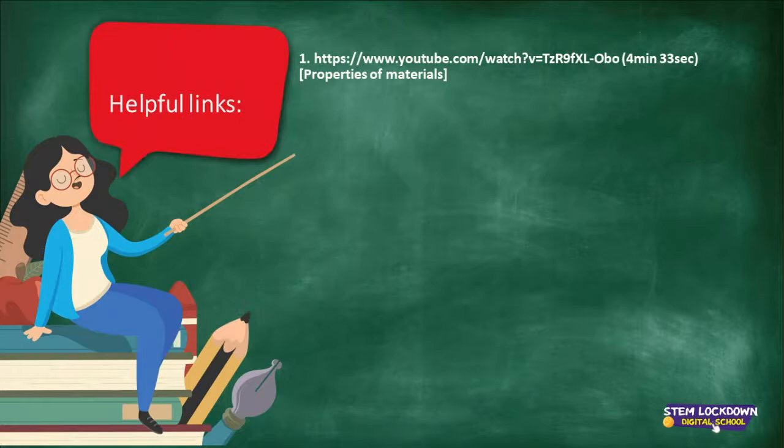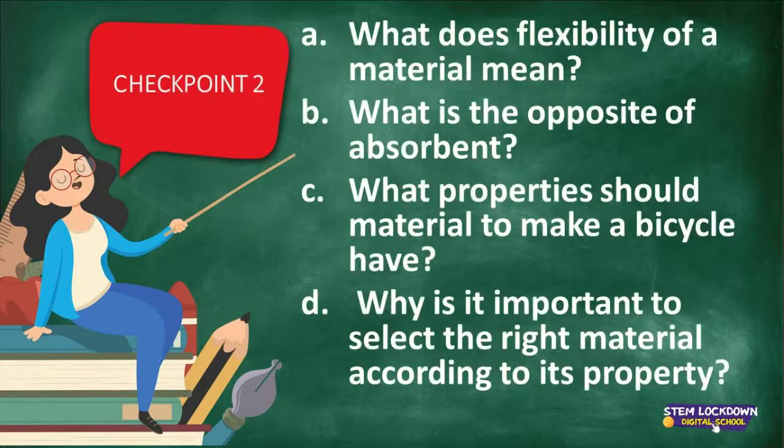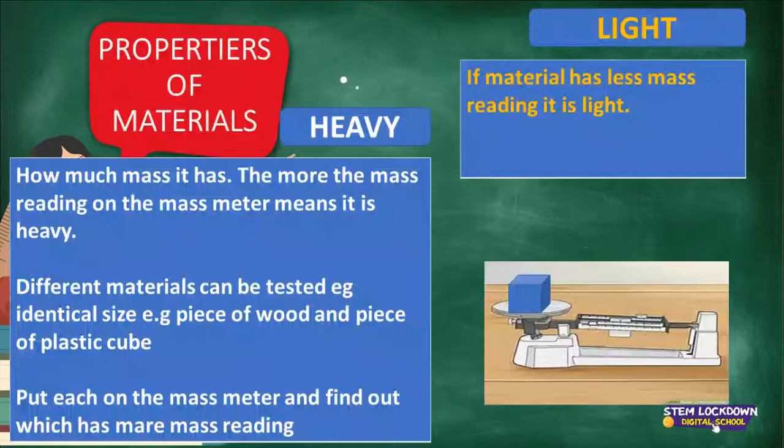Now let me go to the first slide to see if we met our objectives. The objectives that I gave you today is that I wanted you to be able to explain properties of different materials.